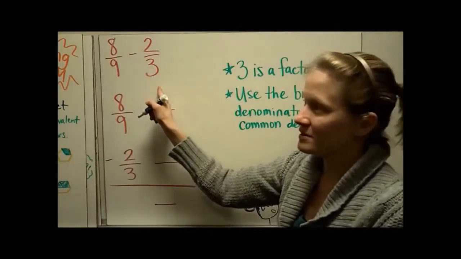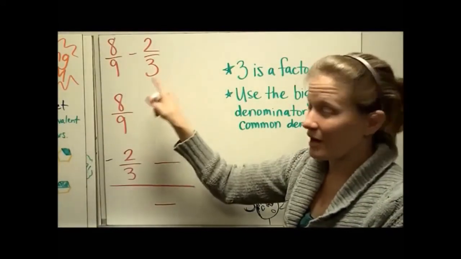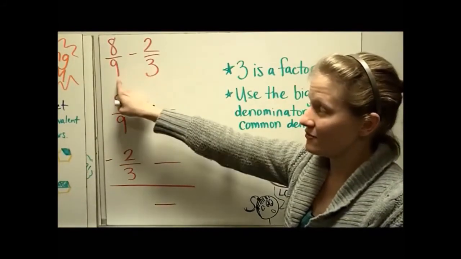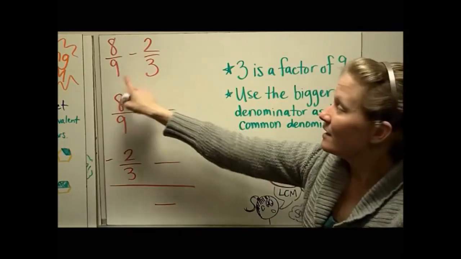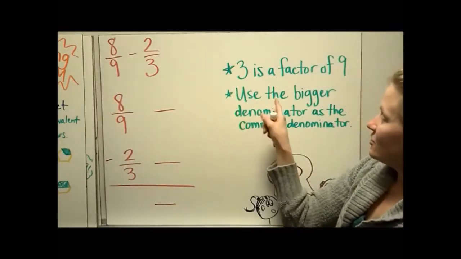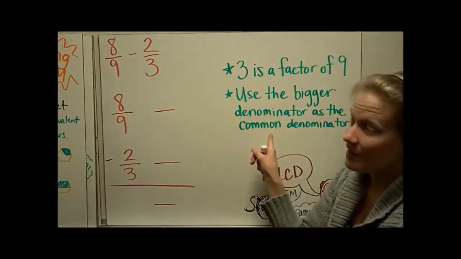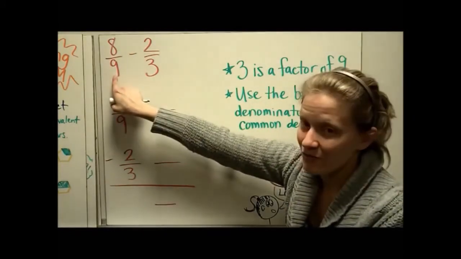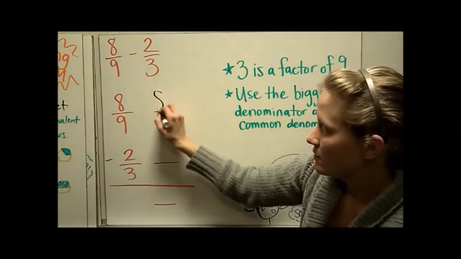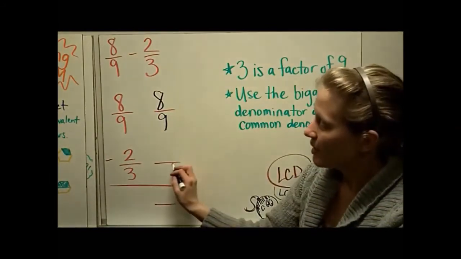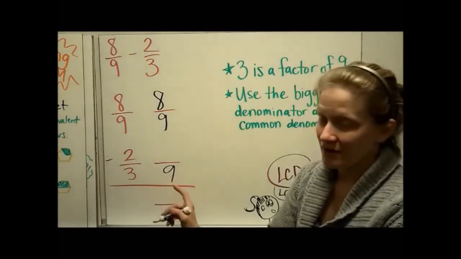Let's do one final subtraction problem. 8/9 minus 2/3. Now I hope that you're seeing the shortcut, that 3 is a factor of 9, because 3 times 3 is 9. So I can use the bigger denominator as the common denominator. This can stay my denominator for both of them. So this fraction doesn't have to change. And I can think, okay, I'm just going to change this one to ninths too, because 3 is a factor of 9.